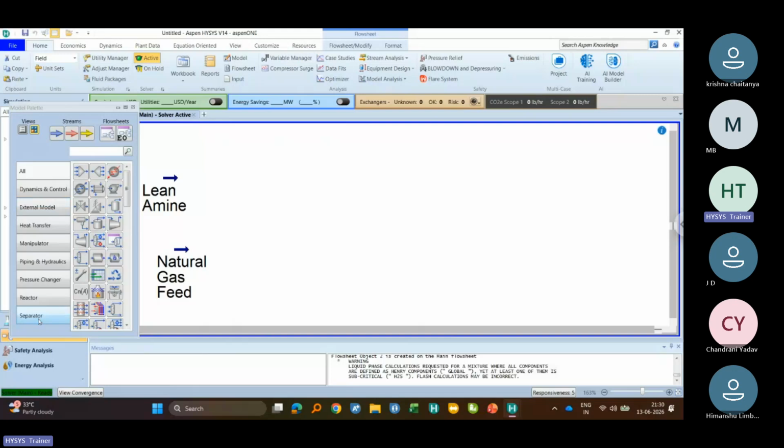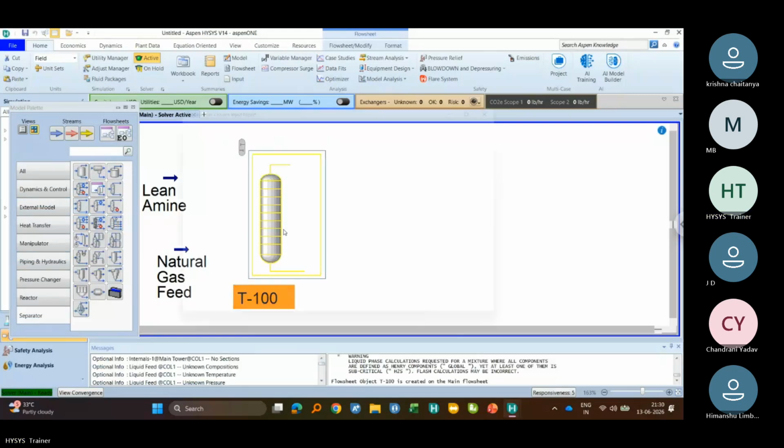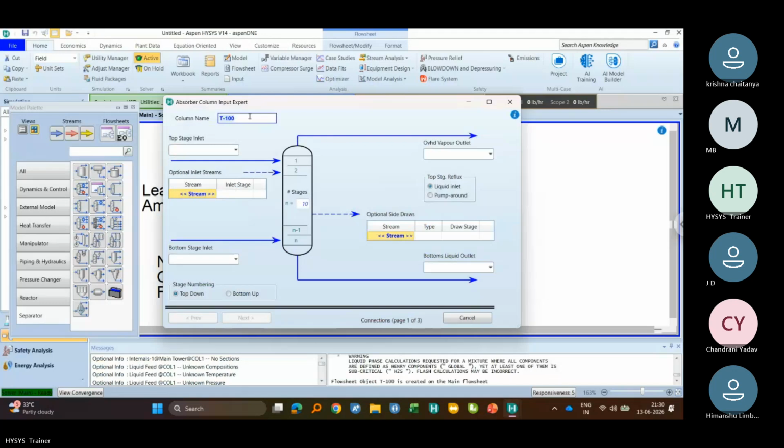Now we'll add an absorber. Top stage inlet will be lean amine because liquid will be coming from top to bottom and gases will be bubbling from bottom to top. So bottom stage inlet will be natural gas feed.